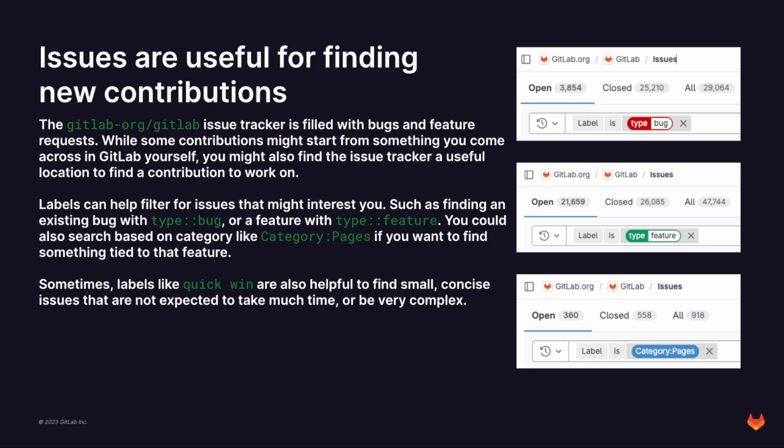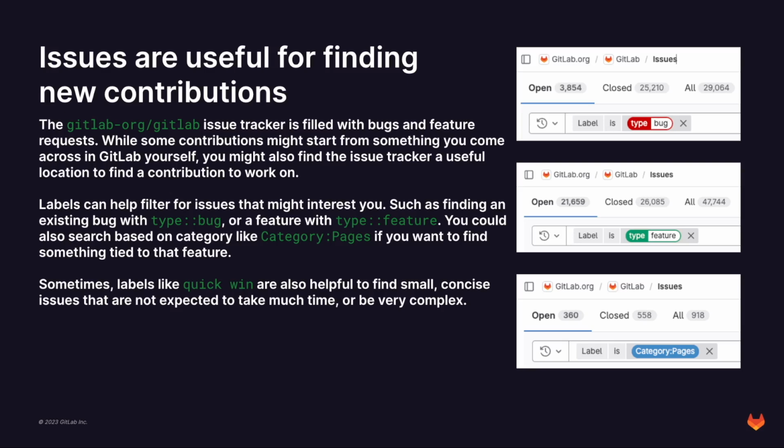I like to search for things based on features or categories that I enjoy working on, and that's sometimes a good way to get some quick wins. The quick win label is also useful for finding issues that are marked as small or concise, and that might be useful for you to start with as a bug fix or a feature request to implement changes in the codebase.